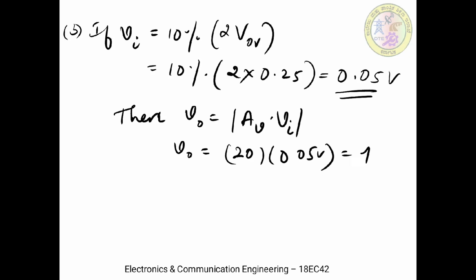So this will be equal to 1 volt. So if Vi is limited to only 10% of 2 times the overdrive voltage, then we are going to generate an output voltage of 1 volt with a gain of 20.